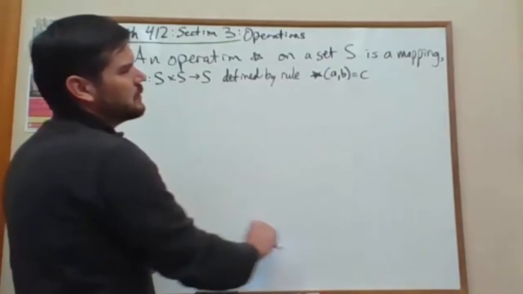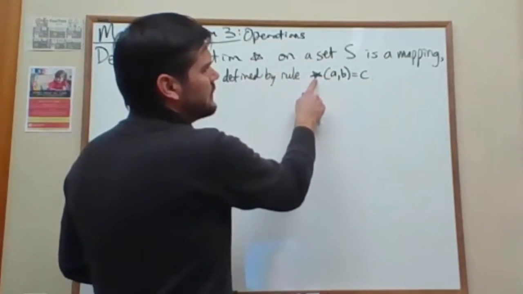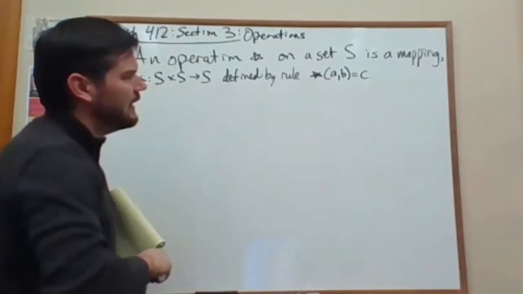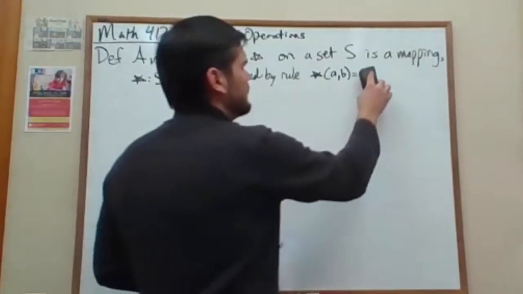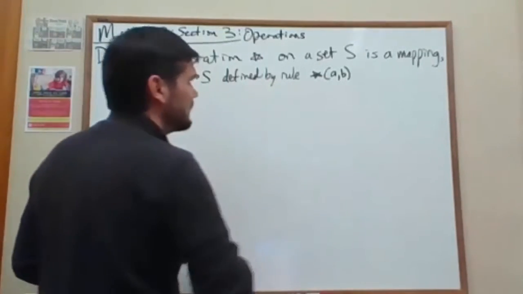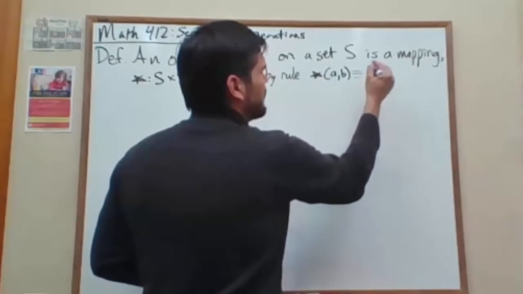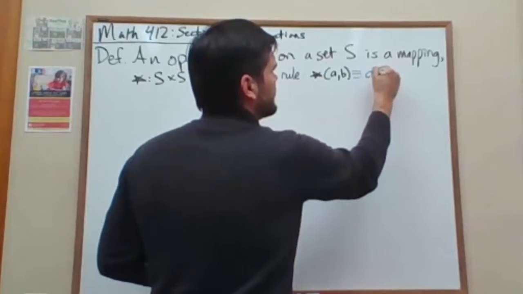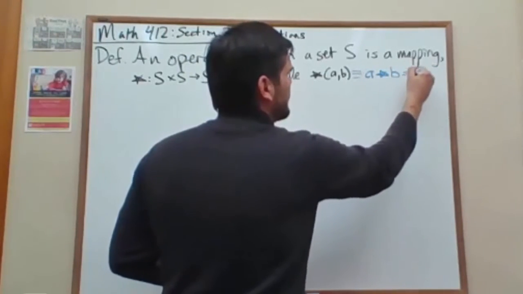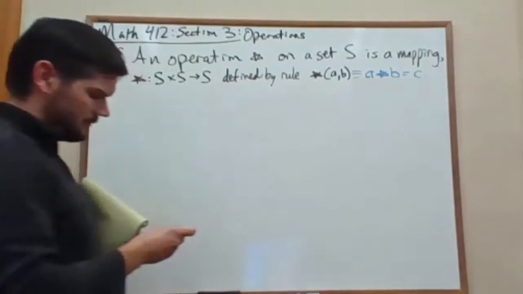And it's defined by the rule where star of A and B is equivalent to A star B, and that equals C.